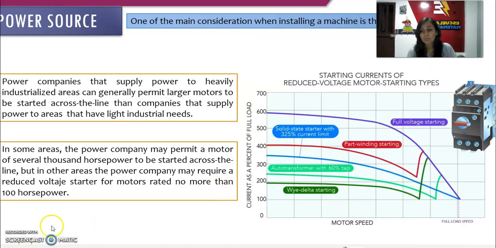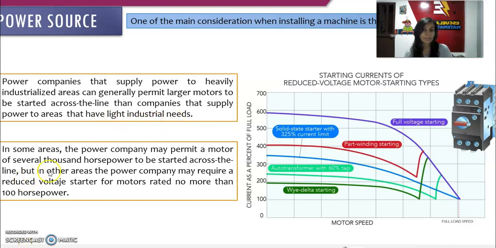So to end this topic, we're going to see that a power company that supplies power to heavily industrialized areas can generally permit larger motors to be started across the line than companies that supply power to areas that have light industrial needs.